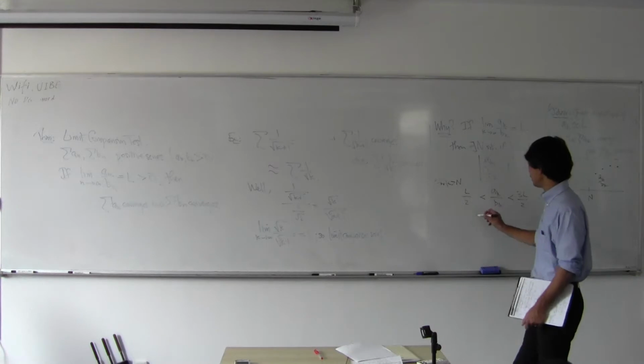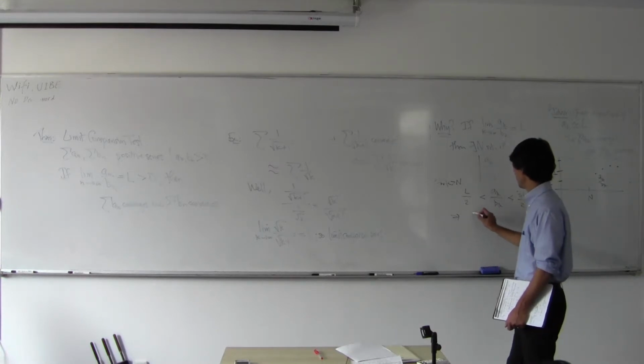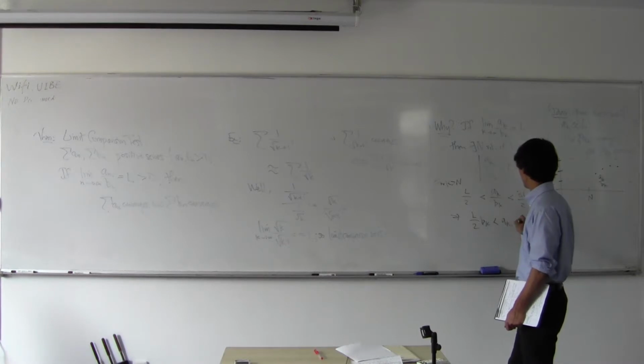Okay, but then L over 2 BK is less than AK is less than 3L over 2 BK.